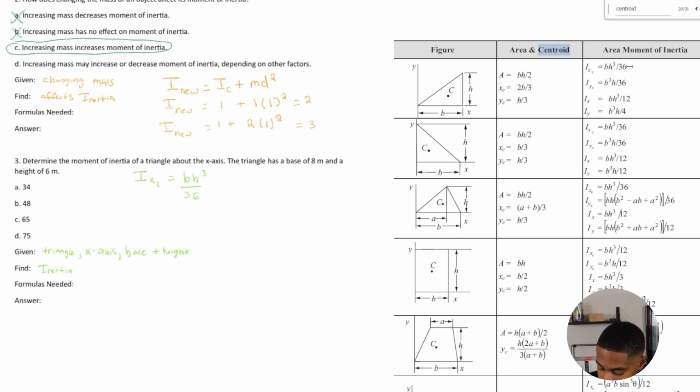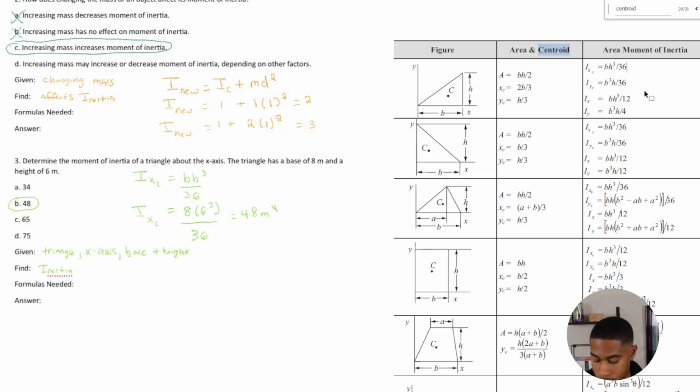Our base is 8, so it's equal to 8 times 6 to the third. Okay, and then that gives me 48 meters to the fourth for my moment of inertia. So this wasn't too bad. You just have to know what you're solving for.